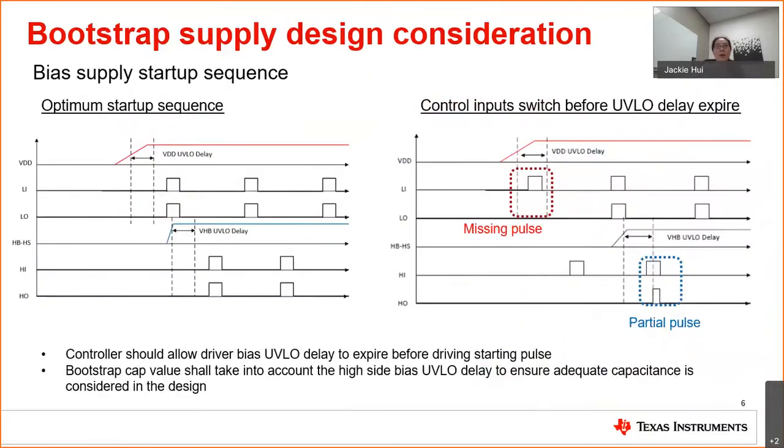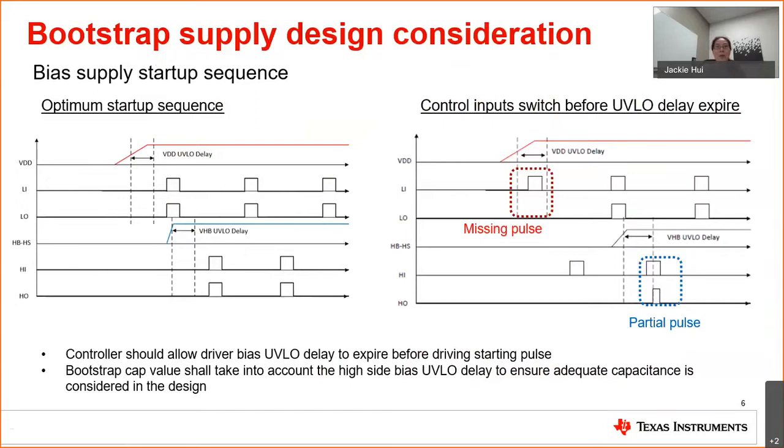Now, besides talking about component selection, when designing a bootstrap circuit, another thing that designers need to take into account is the power supply or bias supply startup sequence. The VDD pin and the HB pin both supply bias to the driver, and they both have their UVLO threshold as well as UVLO delay time.